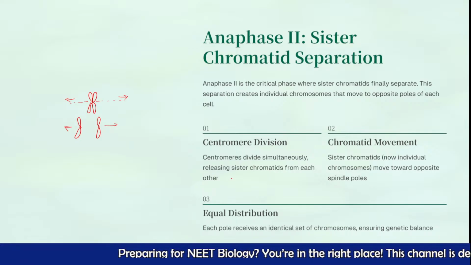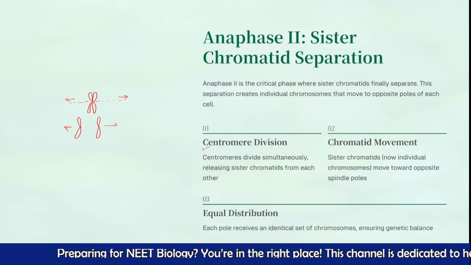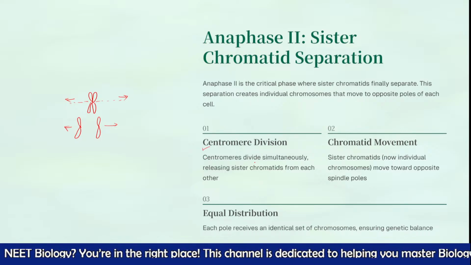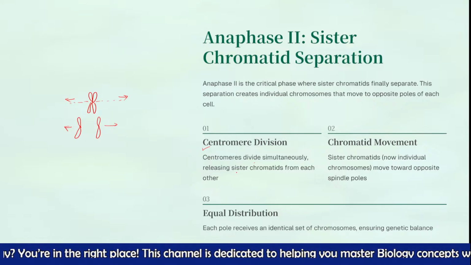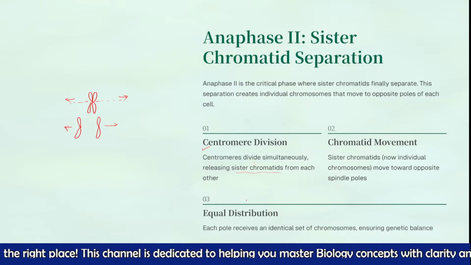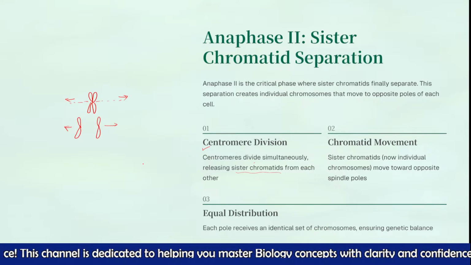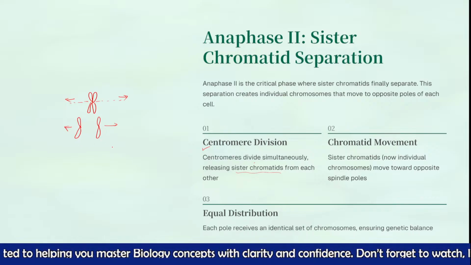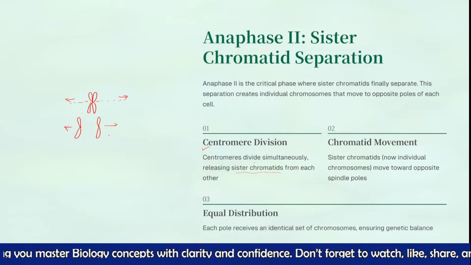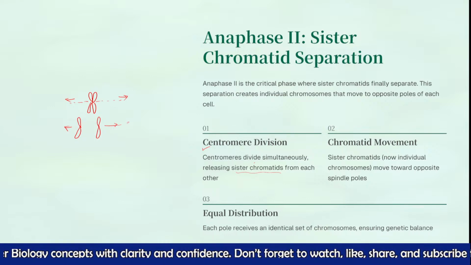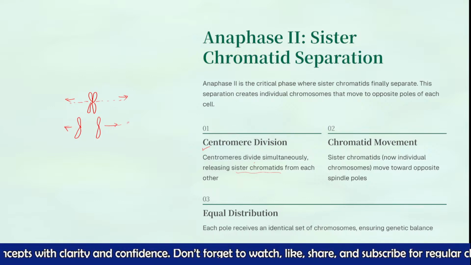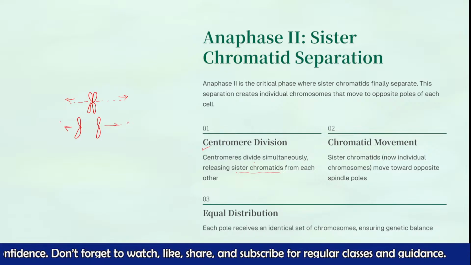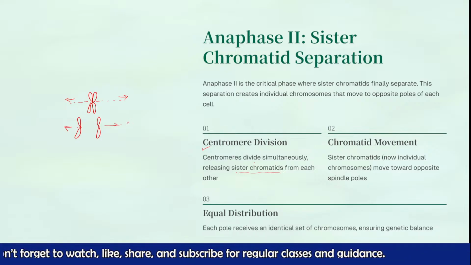So the anaphase stage is characterized by the division of the centromere, a splitting of the centromere, which causes the release of the sister chromatids. But the number of chromosomes is the same; only the sister chromatids separate. Then those sister chromatids move towards the opposite poles, and the content is equally distributed at the poles.